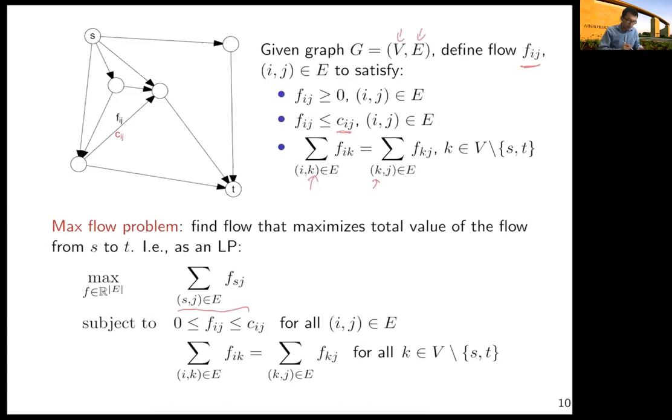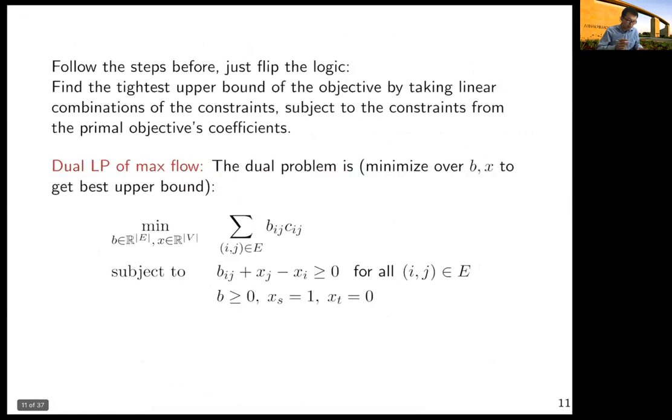Okay, and subject to a set of linear equality constraints and a set of inequality constraints that provides a box that this Fij needs to sit in. Okay, so using the trick that we learned just now, we can derive the dual of this problem. So I'll leave that as an exercise.